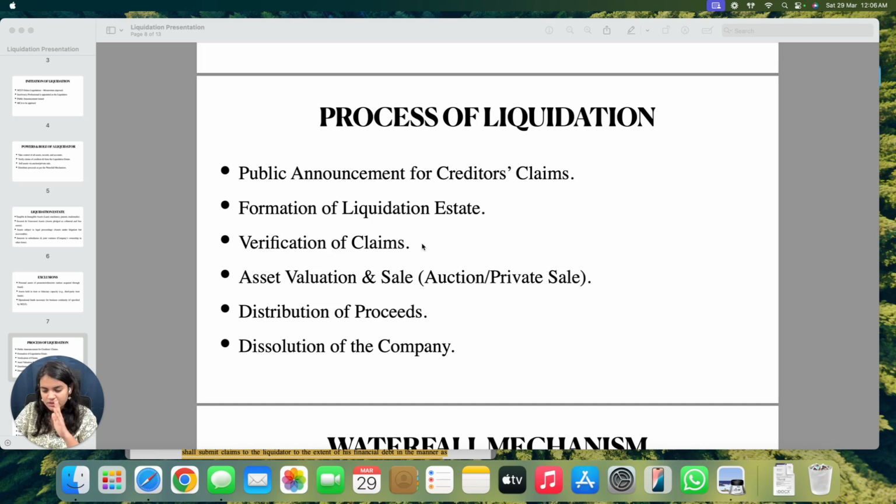Other than these, all of the other stakeholders will possess voting rights in proportion to their debt against the total debt of the corporate debtor.